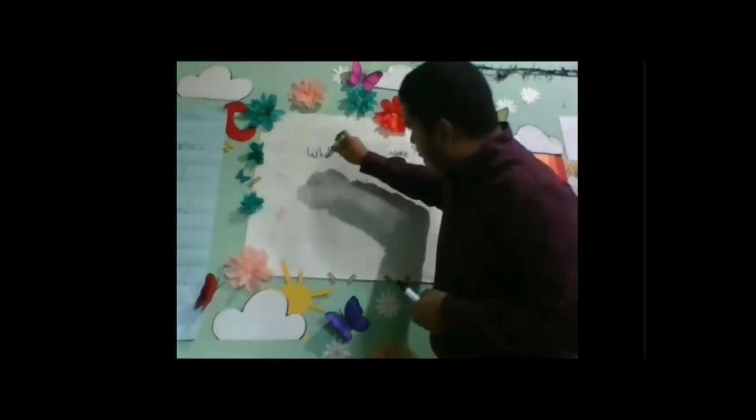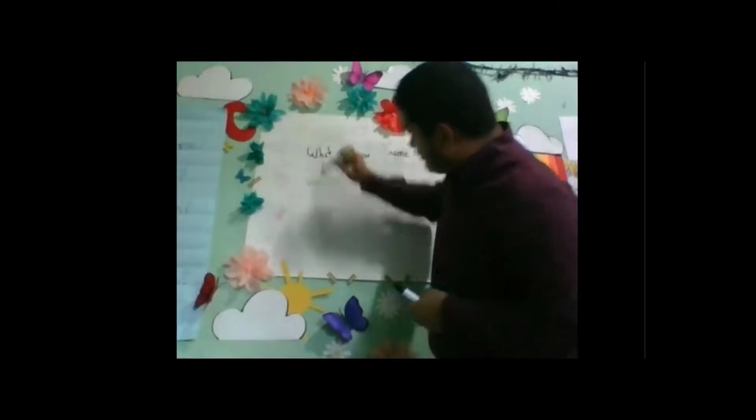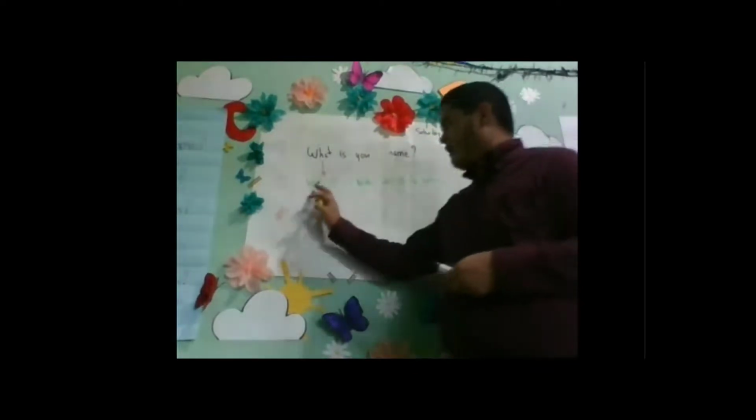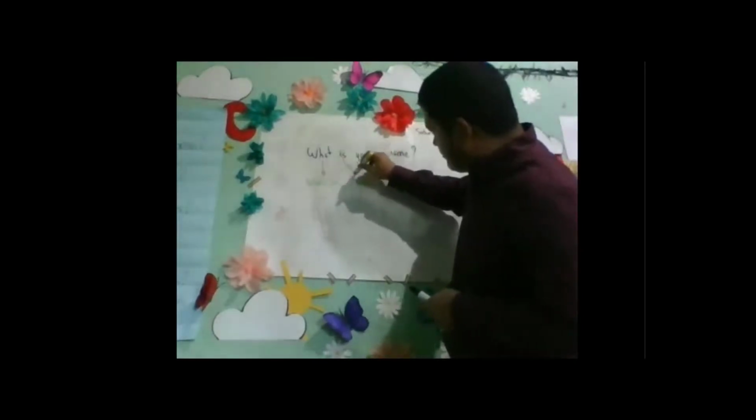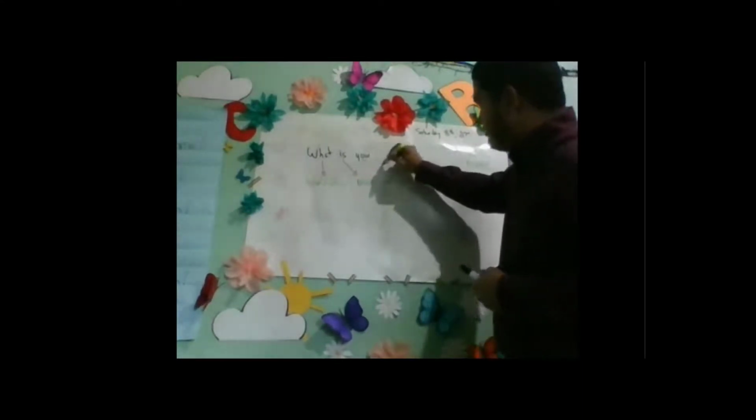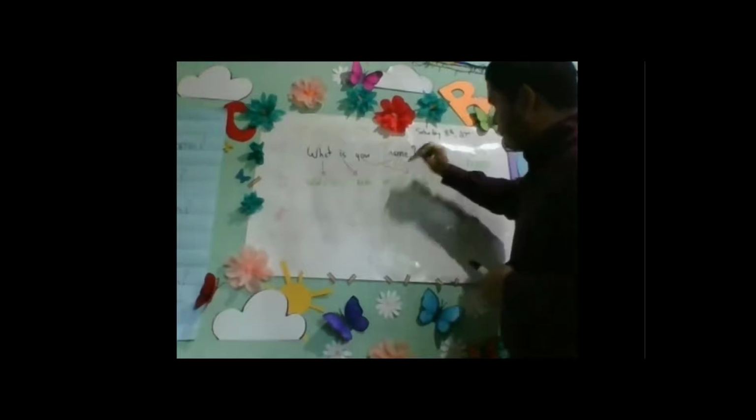Over here we have the double H question word, in this case what. It could be what or who. The verb, which is the verb be, the verb to be, and the rest of the sentence, that is your name, and the question mark at the end. Okay?